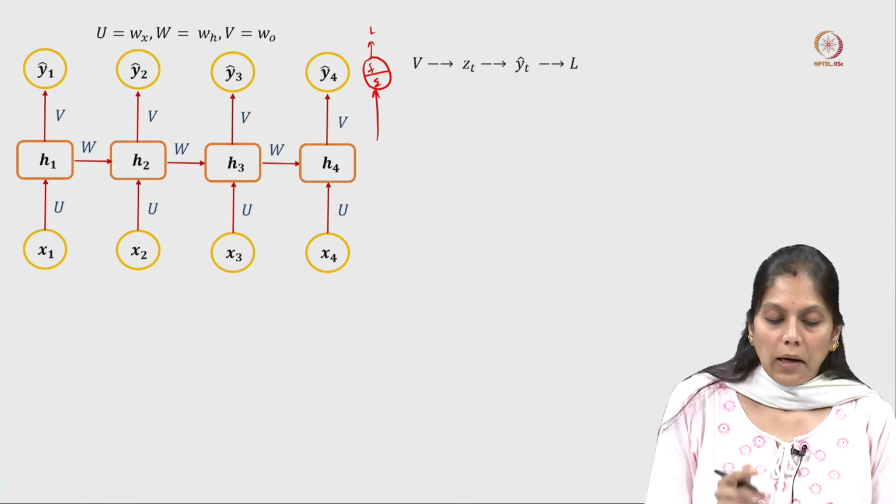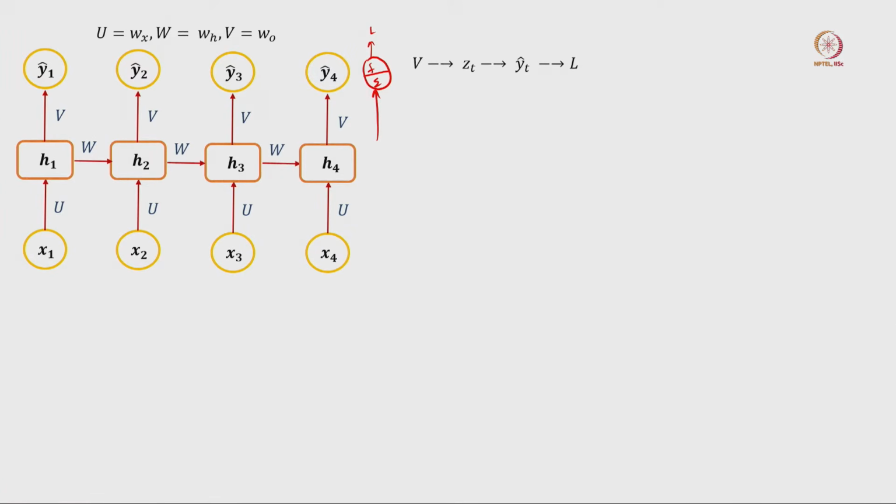Now since it is an RNN, at every time step we are passing an input. At time step 1 you are passing x1, at time step 2 you are passing x2, x3, x4. So at every time step you are going to get this Zt and this Y predicted at time step t. I hope this particular line is clear.